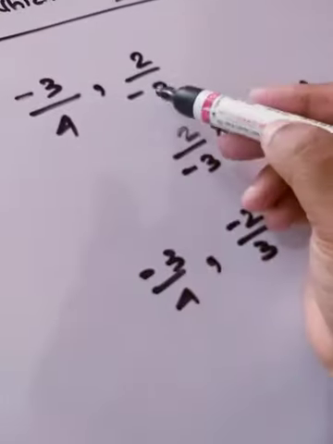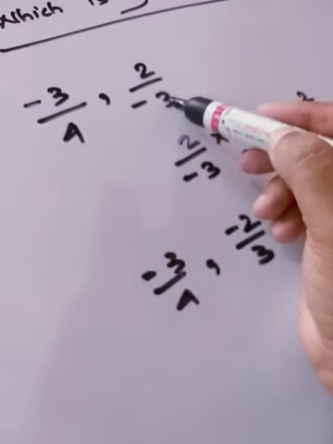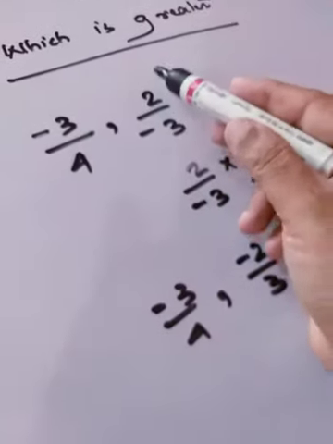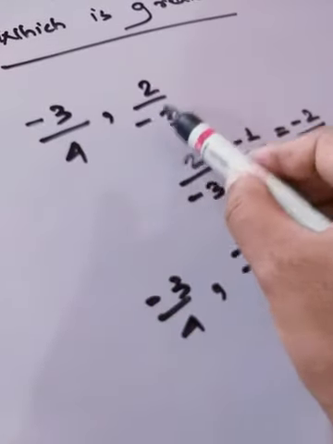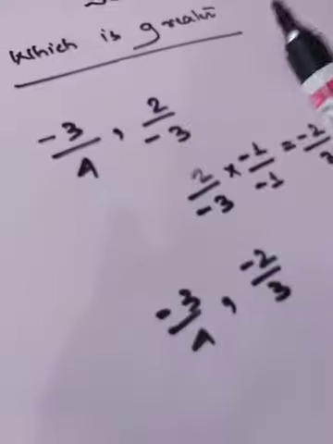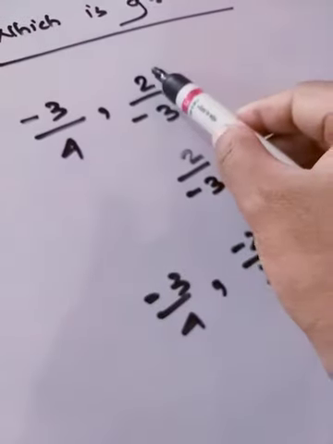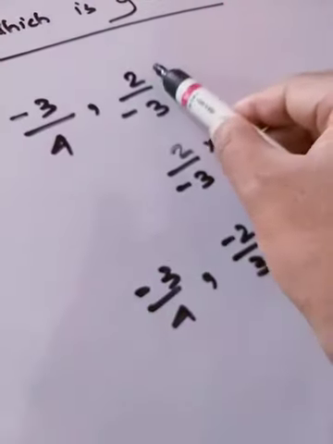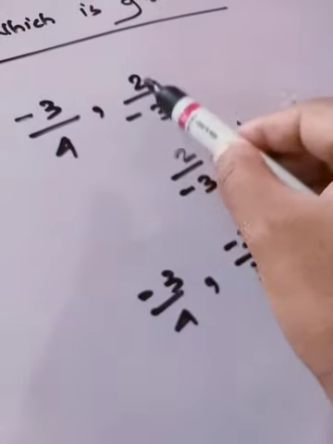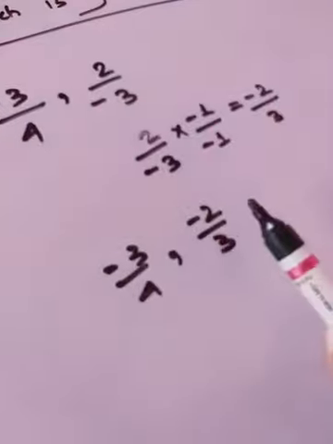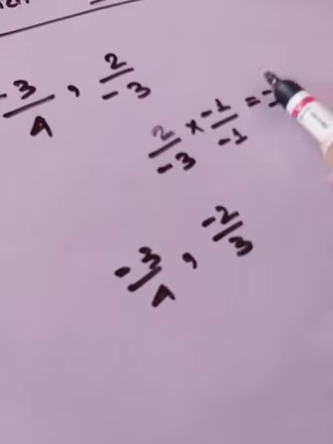Understood? If any denominator carries a minus sign, this is not a rational number. Repeatedly I am saying: to make it a rational number, multiply both the numerator and the denominator by minus 1, so that the minus sign is shifted to the numerator. Then only can you say it is a rational number.